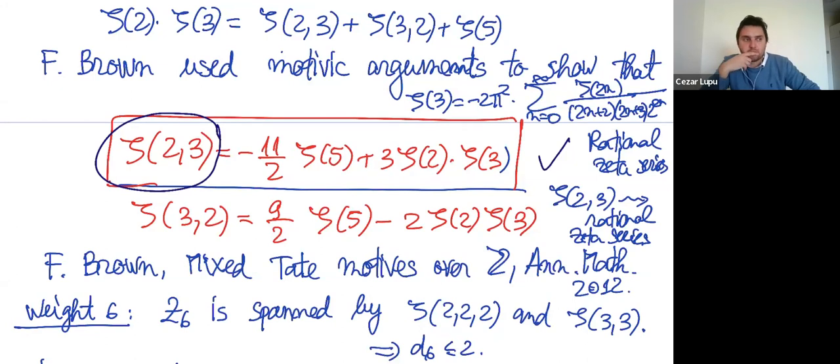And there are other identities as well, but I would say there are not too many proven. I mean, there are infinitely many identities you can come up with for these things.